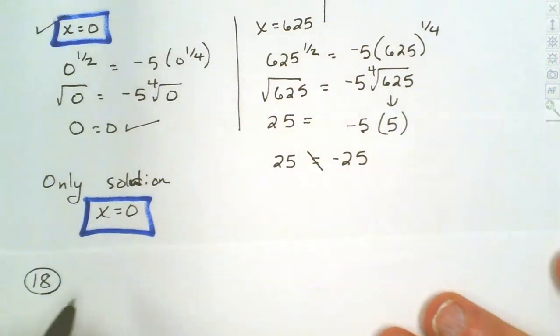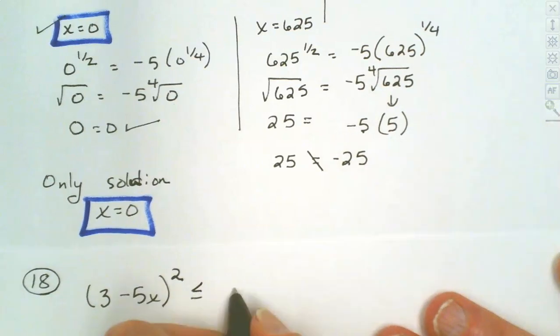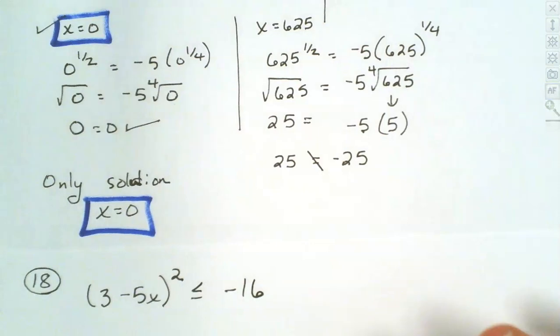And for question 18, we have 3 minus 5x, quantity squared, is less than or equal to a negative 16.